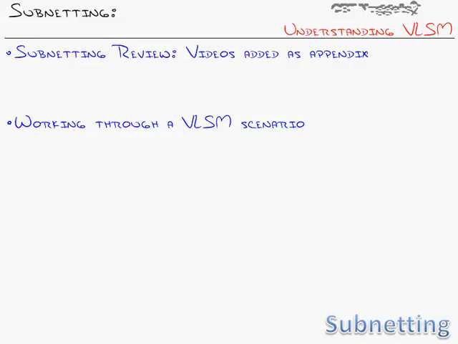So my first objective to talk about is to remind y'all that we have, as an appendix to this series, all the subnetting videos that I created for ICND part 1. So if you have not seen ICND part 1, or it's been a while and you need to review before we get into the advanced subnetting, feel free to look through those appendix videos and check those out.